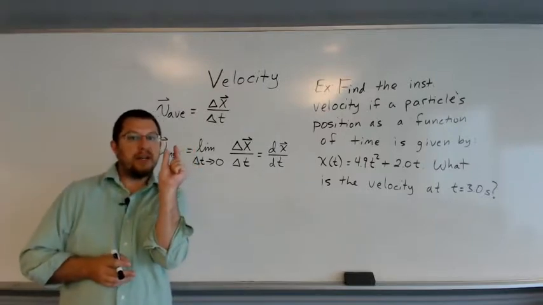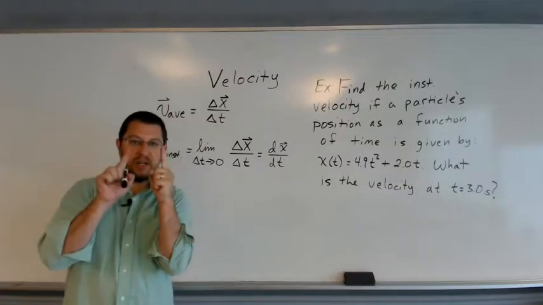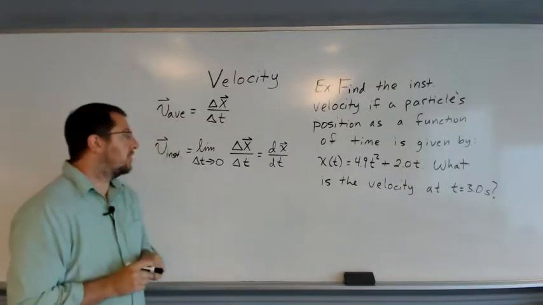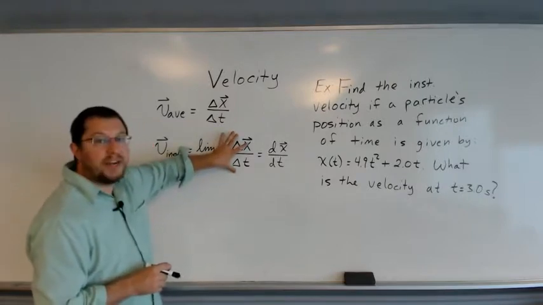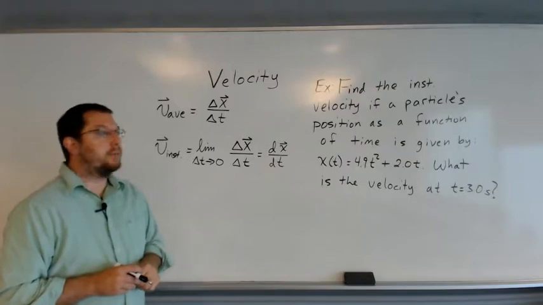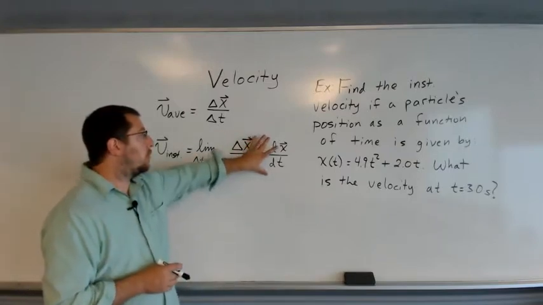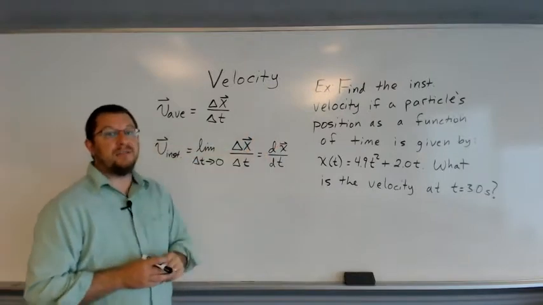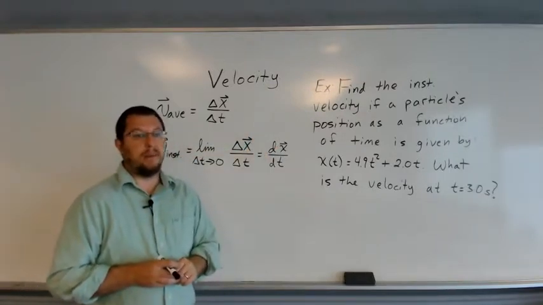So we're shrinking those time intervals down to an infinitesimally small point. When we have changes in quantities as the denominator approaches 0, that is the definition of the derivative. So the instantaneous velocity is the derivative of the position with respect to time.